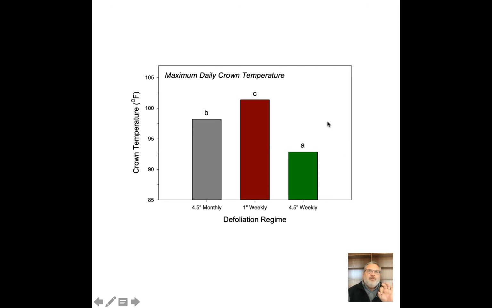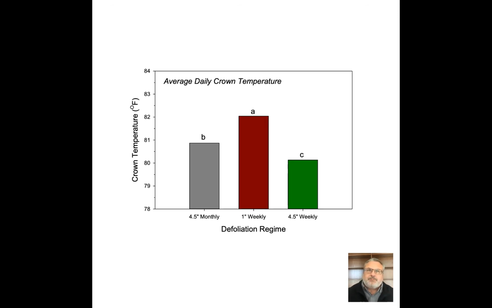What these 2 graphs are telling us is that leaving a little more residual in that pasture helped to moderate that crown temperature, so we didn't have the high ends of the minimum and maximum extremes. We looked at average. On average, the 4.5 inch defoliation treatment, leaving more residual in that pasture, had a lower average crown temperature.